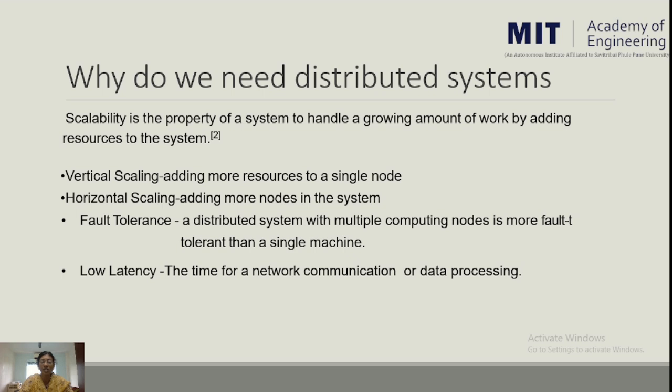When you are scaling, the system must be fault tolerant and should give low latency. Fault tolerance means even if a node fails, the other nodes should be working. The entire system should not be down. Latency refers to the time for a network communication or data processing. So the system should have low latency.